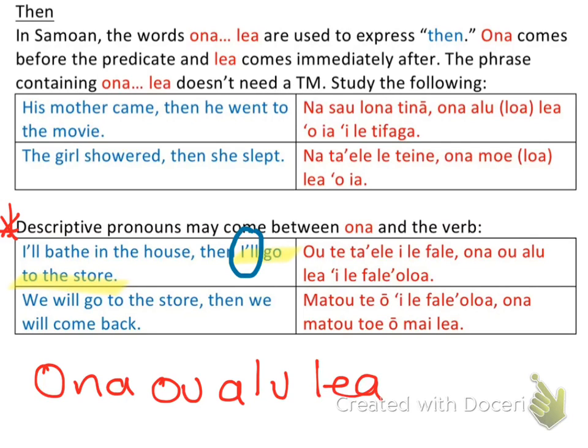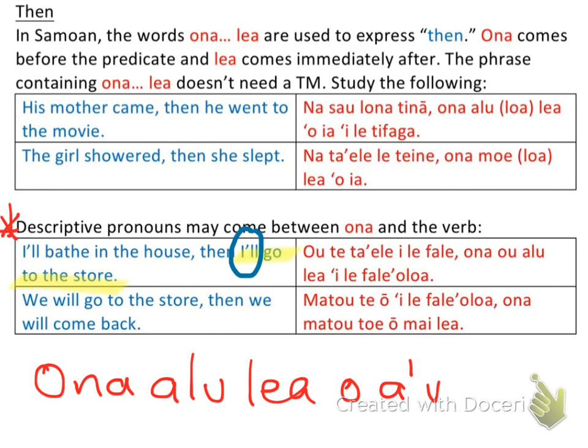If, for example, I wanted to do it the other way without a descriptive pronoun, the way that I would do it is I would switch it like this. I would say ona alu, leia, oa'u. Okay? So do you see the difference there? In the first case that I've given you, ona o alu leia, if I'm using a descriptive pronoun, that comes between the ona and the leia, and it also comes before my verb just like it does in the descriptive sentence structure.